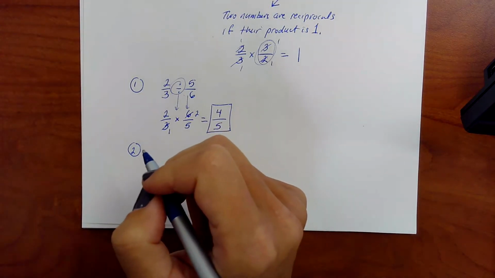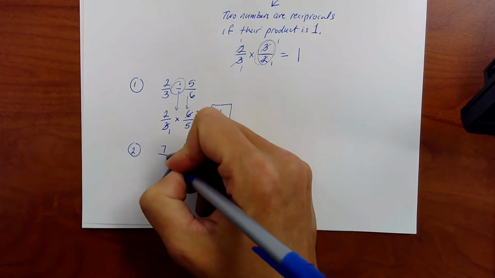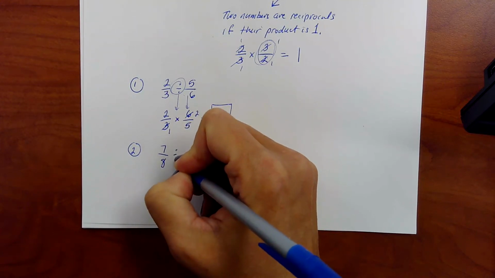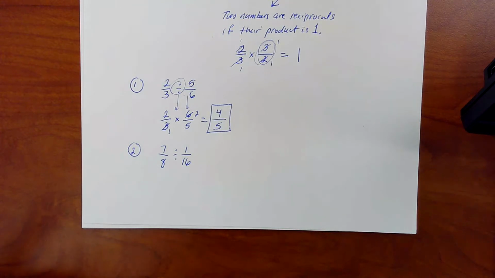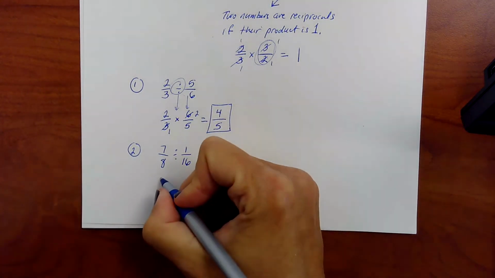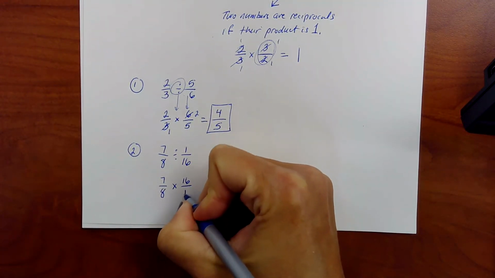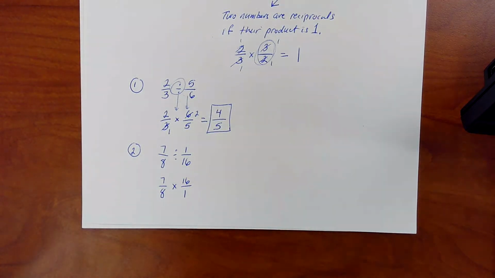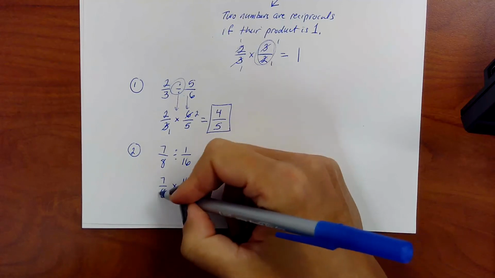Let's see. Got more here. Try 7/8 divided by 1/16. Okay, rewrite it first and then figure out the answer. All right, so 7/8 times, I'm going to flip this to the reciprocal, 16 over 1, and then I'm going to look to reduce.